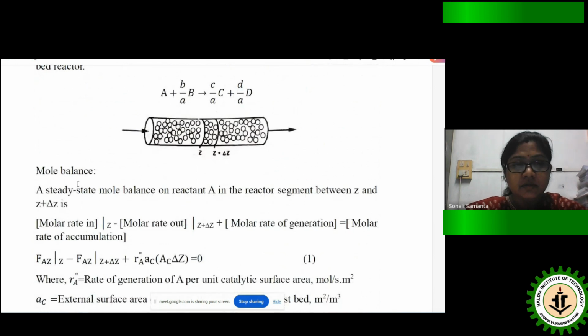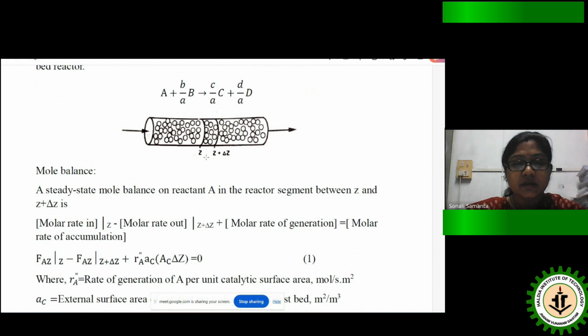Now, let us develop the mole balance equation. The mole balance equation is: molar flow rate in minus molar flow rate out plus molar rate of generation equals accumulation. Rate of in minus rate of out plus generation equals accumulation.